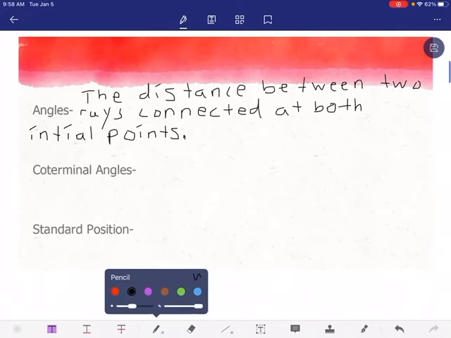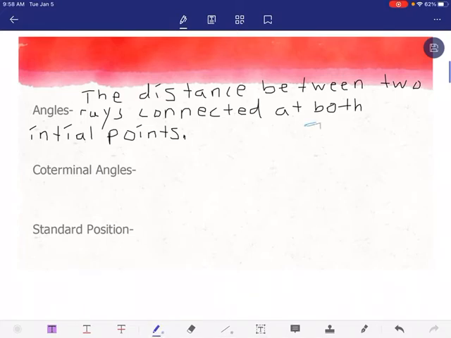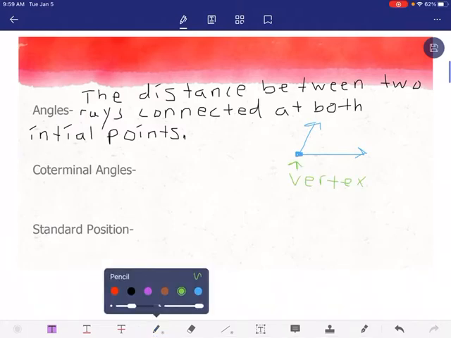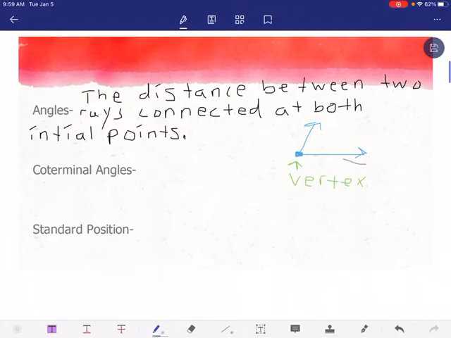So remember that when we are talking about an angle, the vertex is what we call that point where they connect. The initial side is going to be our starting side.